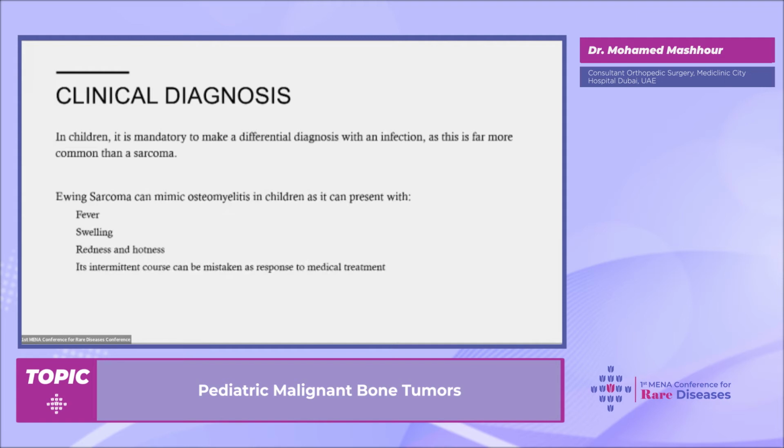So if a physician gives antibiotics and the tumor goes into a remission phase, he would mistakenly think that there is a response to treatment. Once the exacerbation phase comes back, I should question myself once and twice. I should have that suspicion, because I cannot mistake something like this. I would lose a patient, and I cannot do anything, like the patient we have seen. Once it went out of control, you have nothing to do. You cannot do anything.